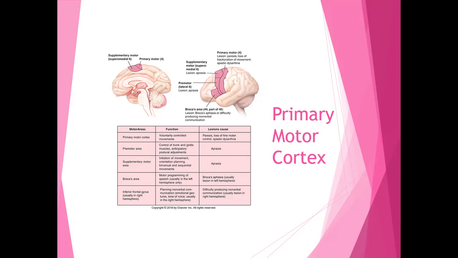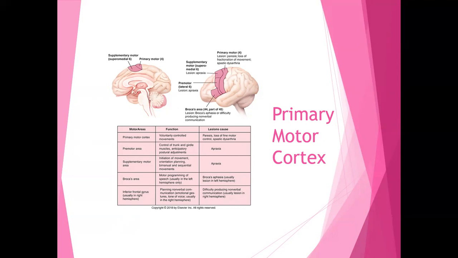You have to press the right key in order for it to make sense. And so you have to have that selective control. The cortical motor planning areas are where you plan and organize the movements. So primary motor cortex is voluntarily controlled movements.